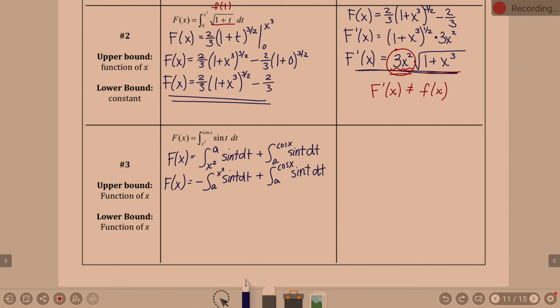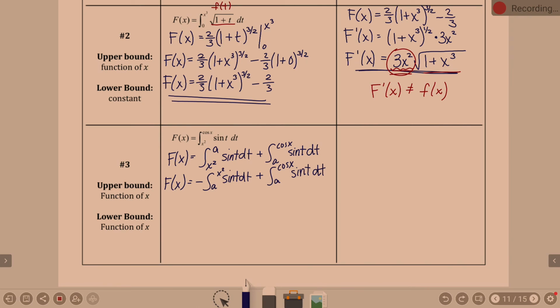If we evaluate these, what is the integral of sine? You've got 50-50. Is it negative or positive cosine here, right? Traditionally, we know it's cosine. The derivative of cosine is negative sine, but that's ignoring this negative out front.